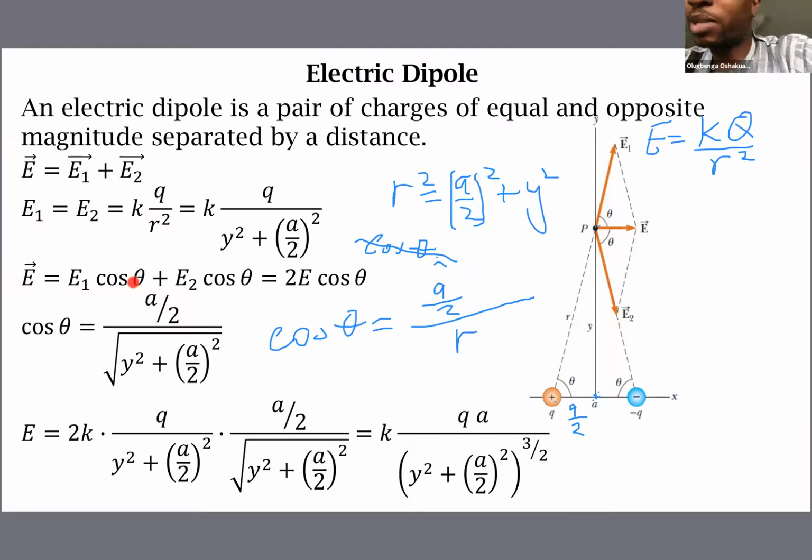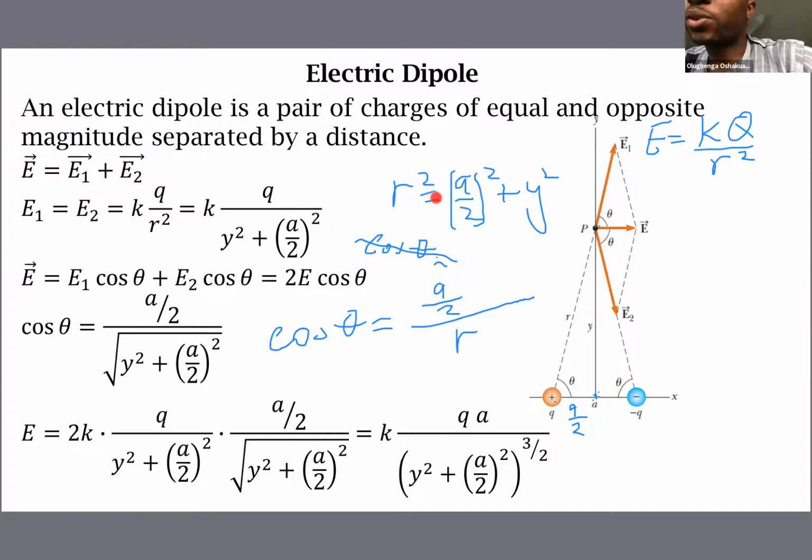Similarly, E2 cos theta will also give us a value of E. So when we add them together, we have 2E cos theta. And what is cos theta? Cos theta is, like I've defined before, A over 2, all divided by R. And this R is obtained when you find the square root of this R squared.